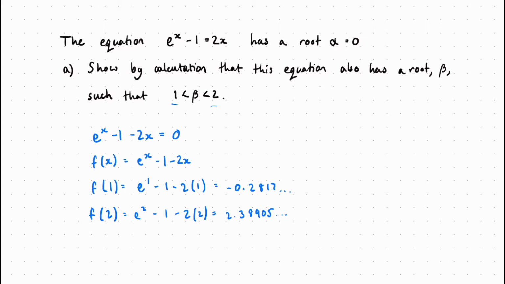As you can see from here, there has been a change of sign. Therefore, a root is present. So we know e to the x minus 1 equals 2x has a root between 1 and 2, as well as a root at 0.